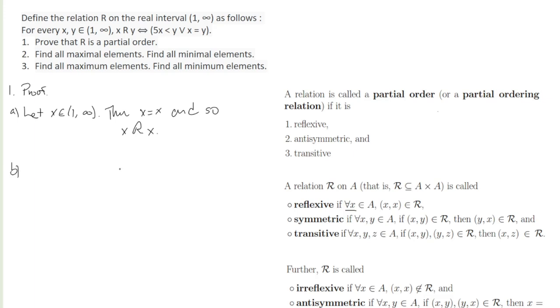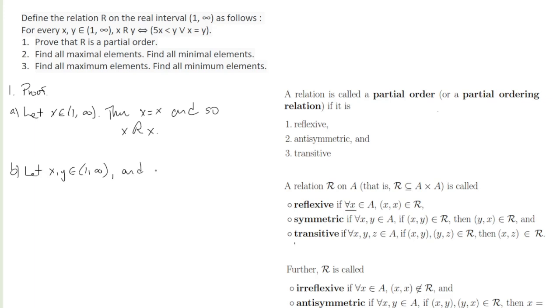All right, B. B is antisymmetric. So antisymmetric is down here, for all x, y. Great. So we start by saying let x, y be in my set, 1 to infinity, and then I've got an if statement. If (x,y) and (y,x) are in R, then something else happens. If we're doing a proof, then we get to assume the if.